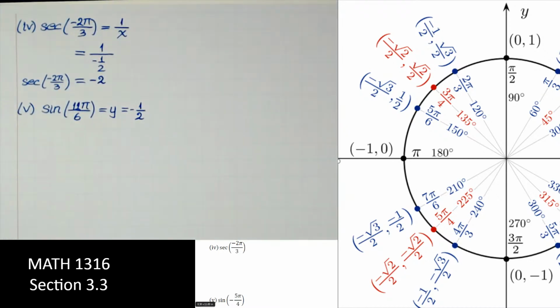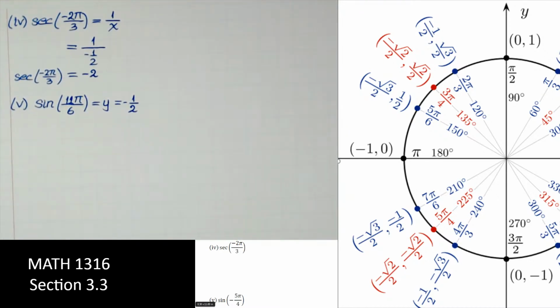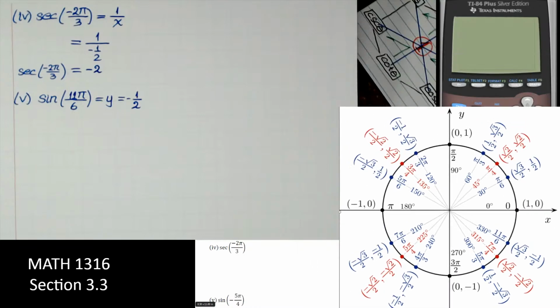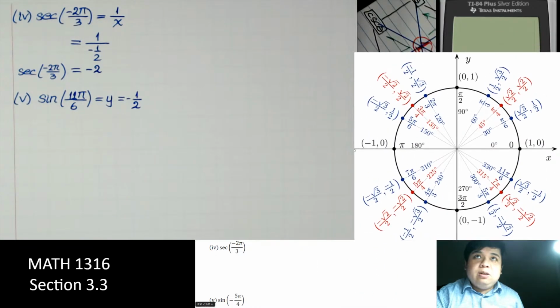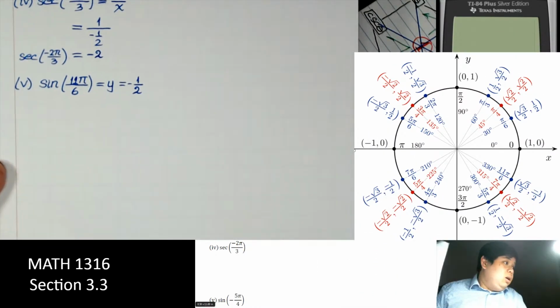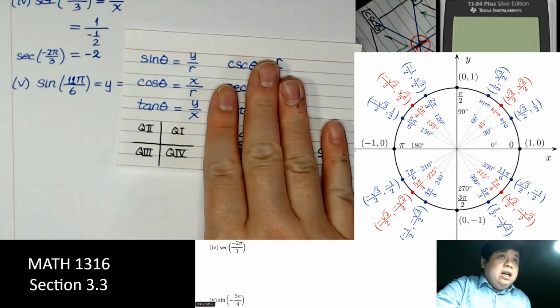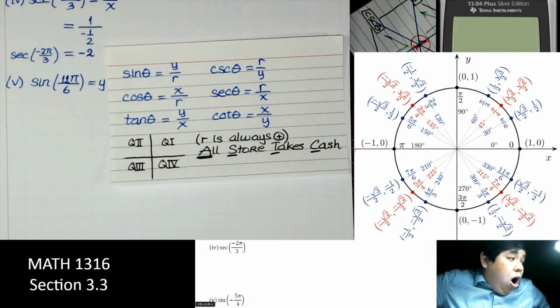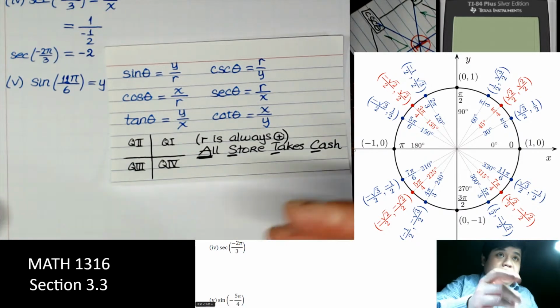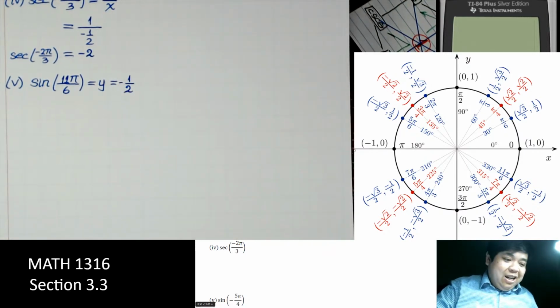So pretty much, let me be precise on the unit circle, it is just this ratio, but r is equal to 1, and then we just find the values easily.